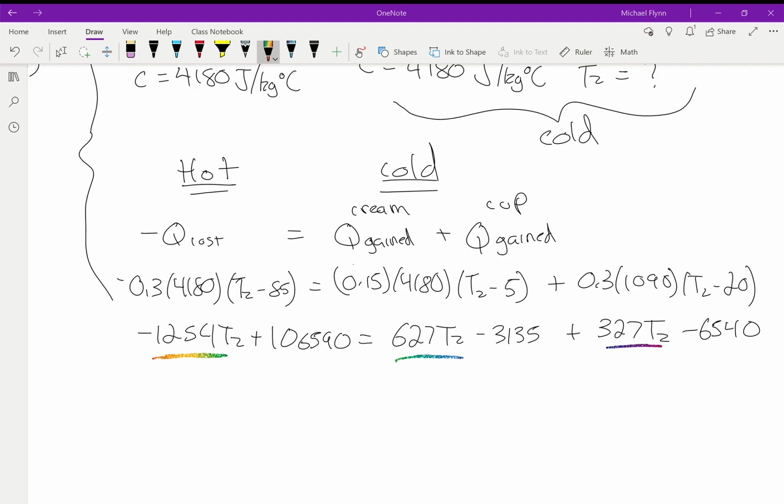First I'm going to group my T2s on the right side of the equation.